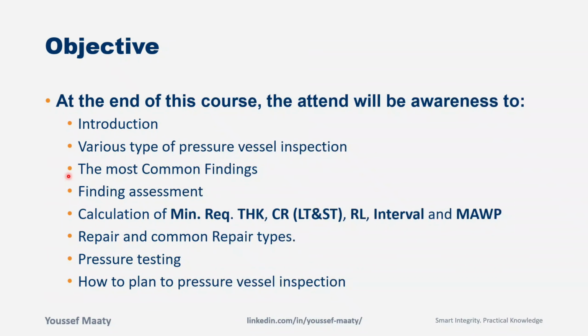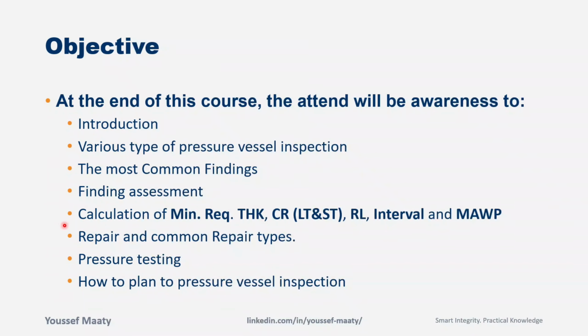After that, we will discuss pressure vessel assessment. When we find indications during inspection, we need to determine whether they are simply indications or actual defects. We will compare them against acceptance criteria and allowable tolerances. If they exceed the acceptance criteria, they become defects. We will discuss how to assess these findings properly.